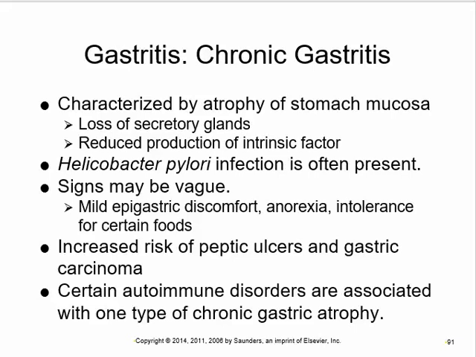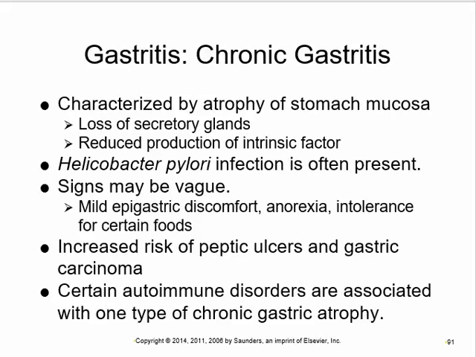So we can get these chronic H. pylori infections. I read a statistic one time, and I can't remember what the exact numbers were, but a large number of us, a very large percentage of people asymptomatically have H. pylori. You get some epigastric discomfort, intolerance to certain foods, especially spicy foods, that kind of thing.